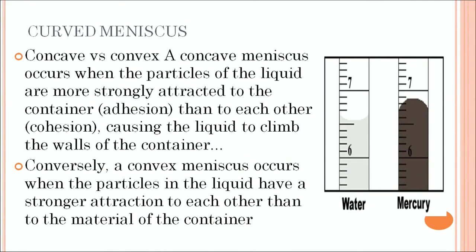If you put both in test tubes, we can see in the first test tube the concave meniscus, which is formed when the particles of the liquid are more strongly attracted to the container, that is the adhesion, than to each other, the cohesion, causing the liquid to climb the walls of the container.